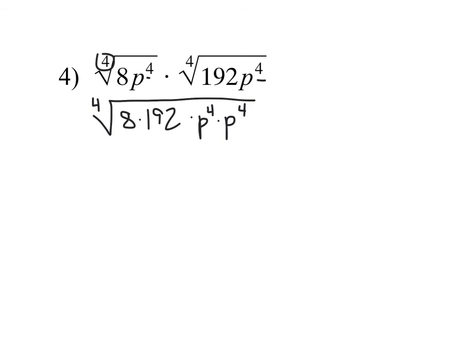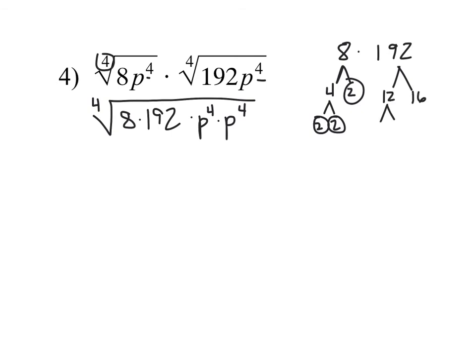Okay, so I need to break down 8 times 192. 8 goes to 4 and 2. 4 goes to 2 and 2. 192 goes to 12 and 16. 12 and 16. This guy goes to 4 and 3.